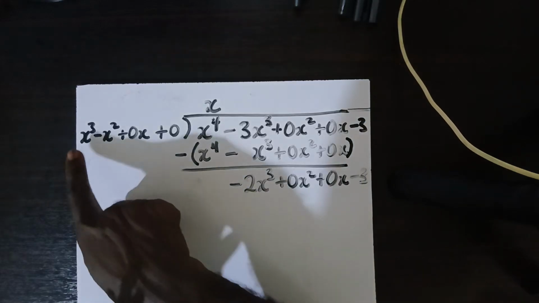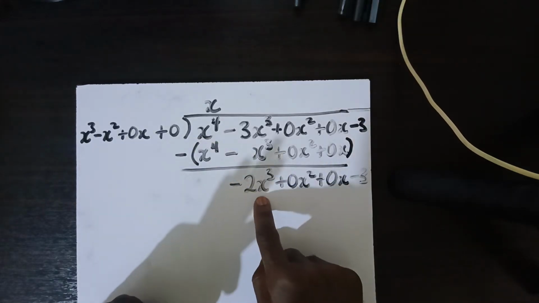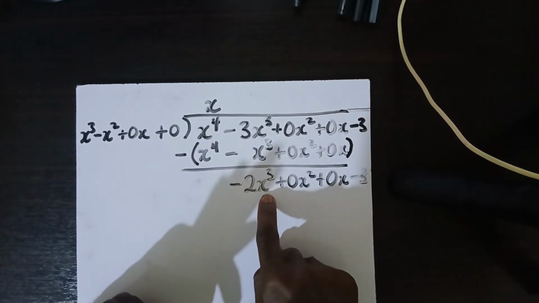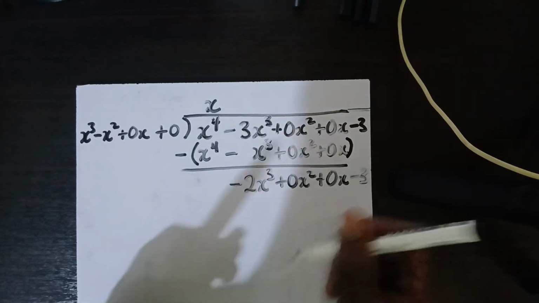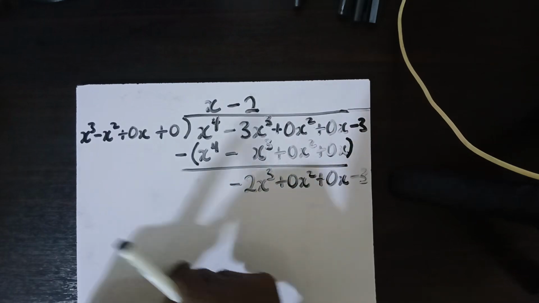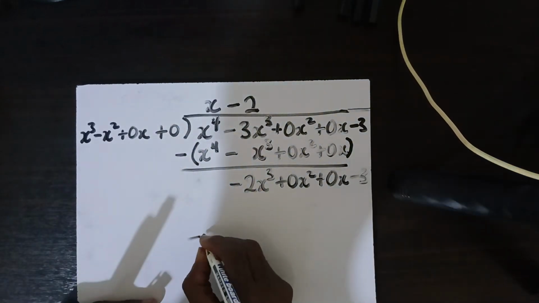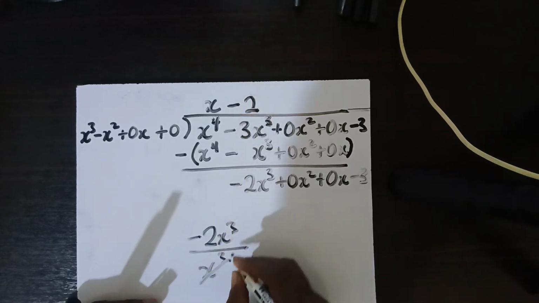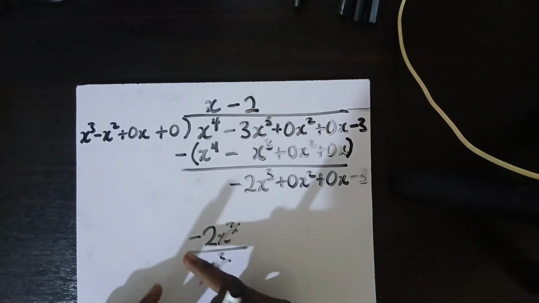Then we go again. We take the first term to divide the first term here. So x cubed will cancel this x cubed here, so that we are going to get negative 2. Because if we have negative 2x cubed divided by x cubed, this x cubed takes away this x cubed, and then we'll get negative 2.